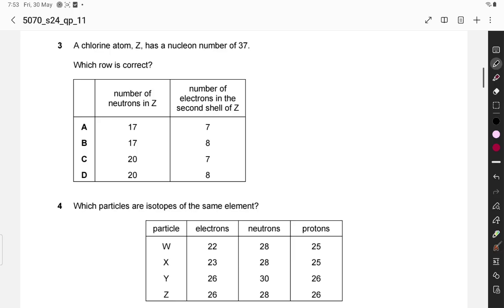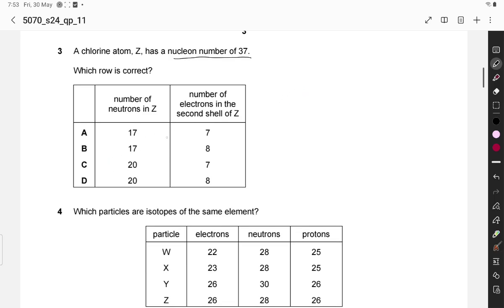Question number 3. A chlorine atom Z has a nucleon number of 37. Which row is correct? Number of neutrons in Z. Nucleon number is 37. It means number of neutrons is not 17. So options A and B are incorrect. So 37 minus 17, because chlorine is like this, 37.